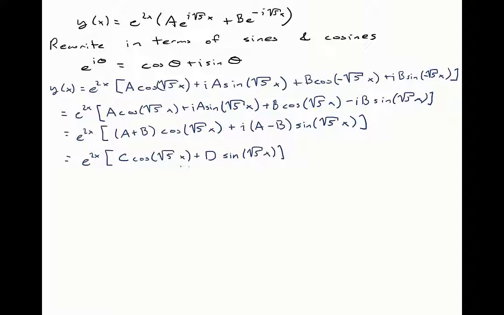This doesn't really tell you whether c and d are real or imaginary numbers. If a minus b is an imaginary number, then d is a real number. But we'll worry about that more when we come back to looking at real situations. One fun way to think about it, well, I think it's fun, is that i is a phase shift of pi over 2.